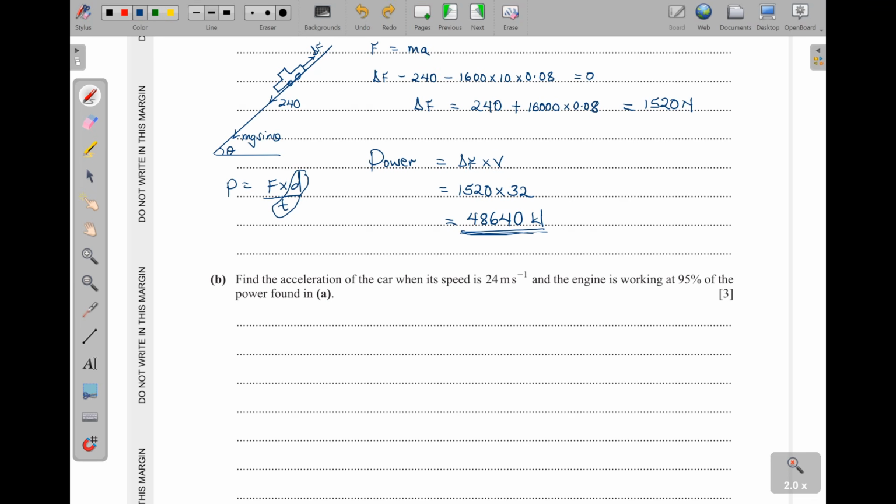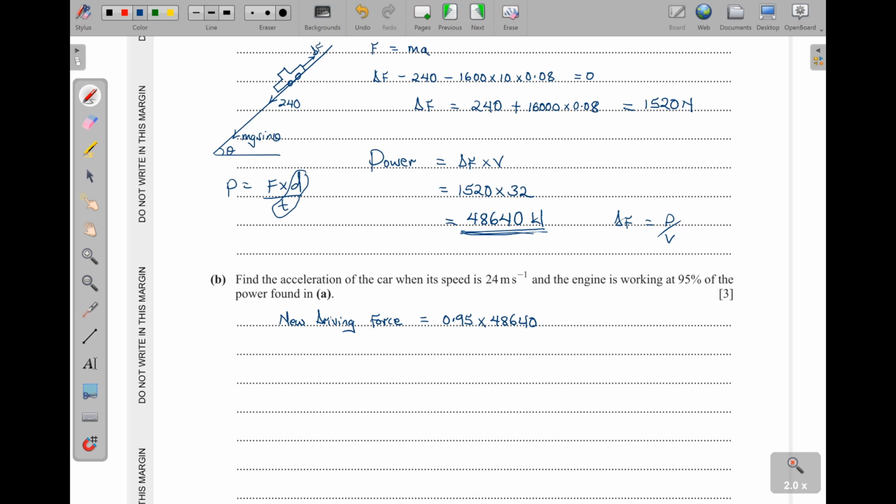So the new driving force is now going to be equal to, they say 95%, that is the same as 0.95 times the power we have gotten for A, 48640. Remember, the driving force from here is going to be power over the velocity, okay?